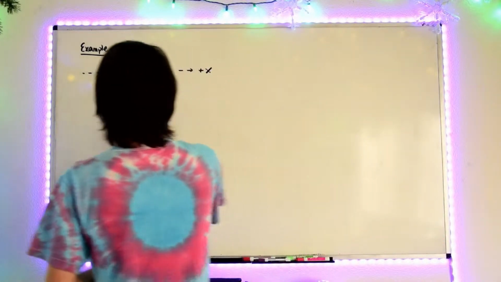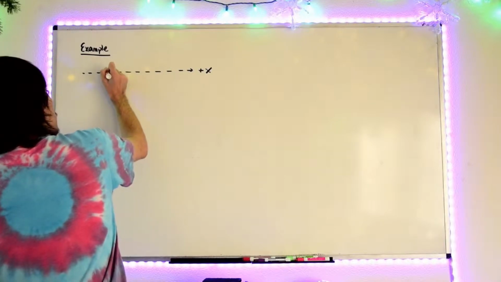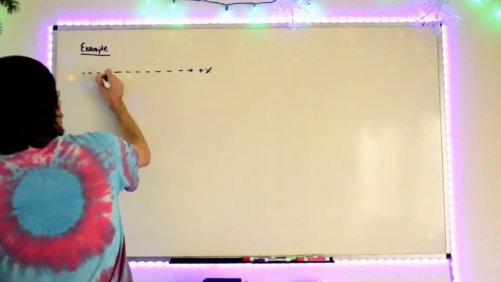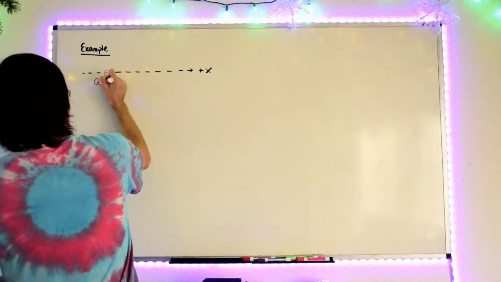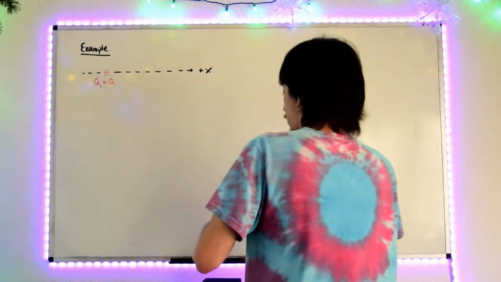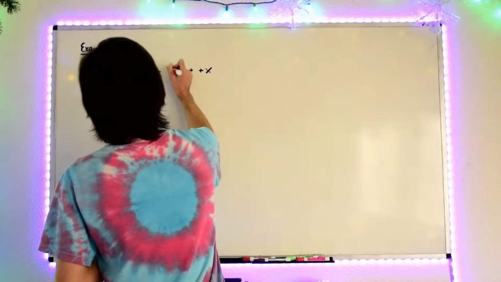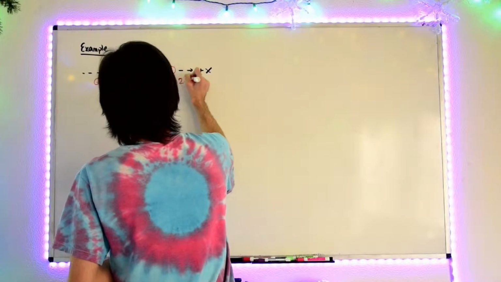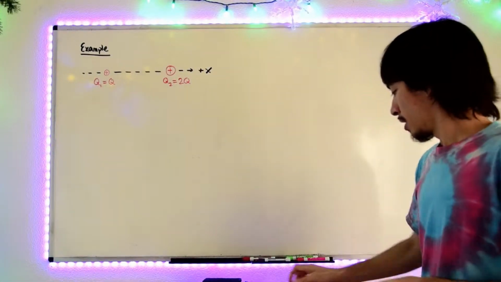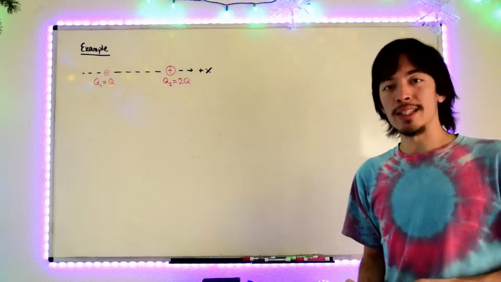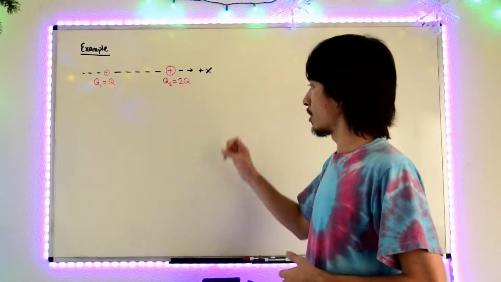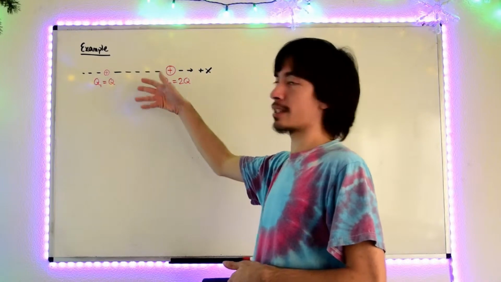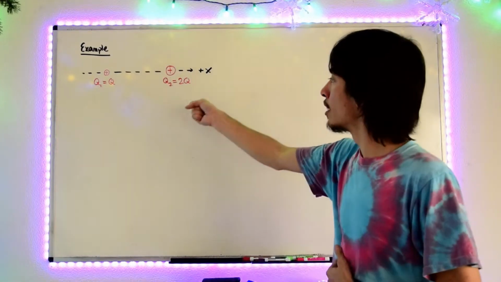In this case, I will just choose to draw the smaller charge on the left and call that one Q1, and let's say it has Q. And we have a bigger charge here, Q2, and it has 2Q. So we need to find the distance or the location at which the electric fields cancel. Specifically, we want the distance from the smaller charge.